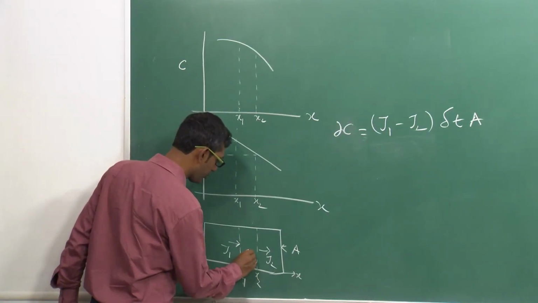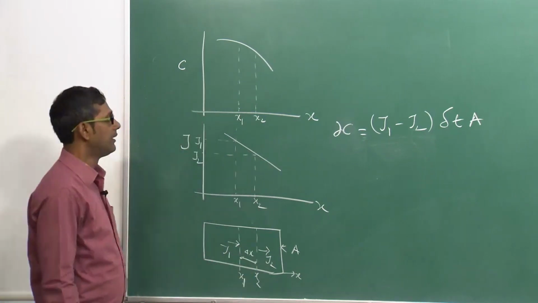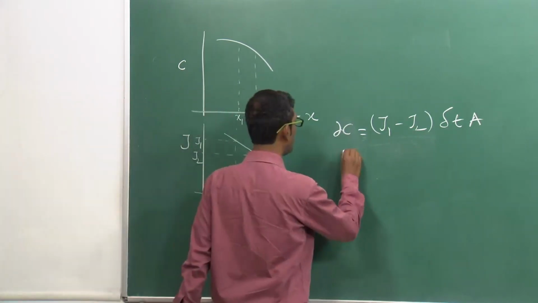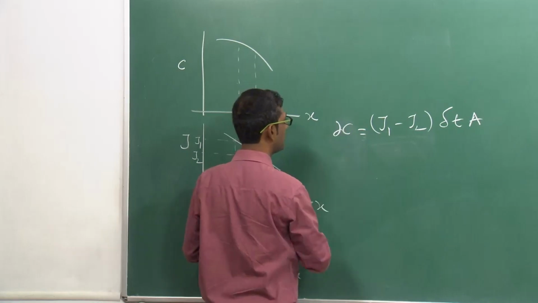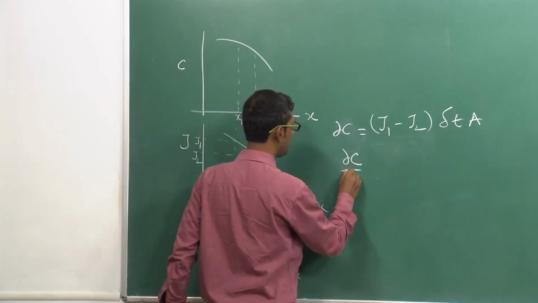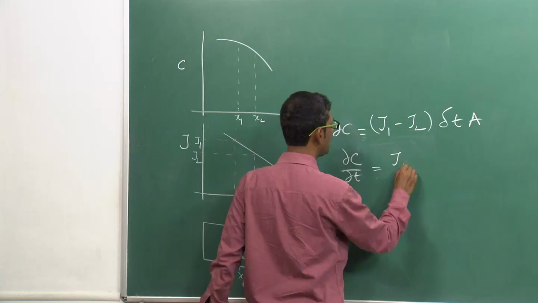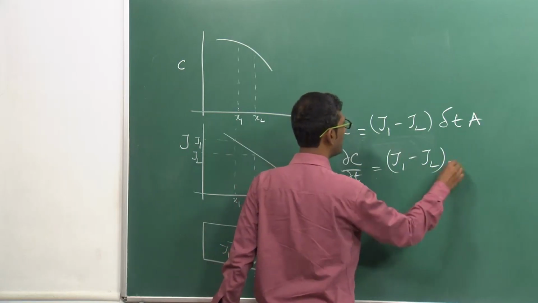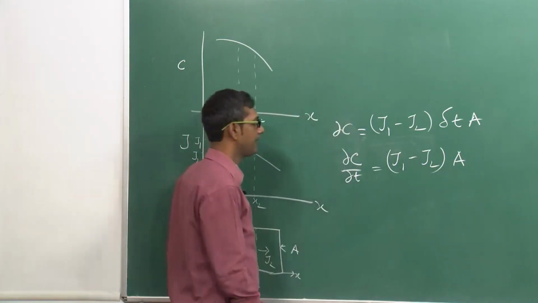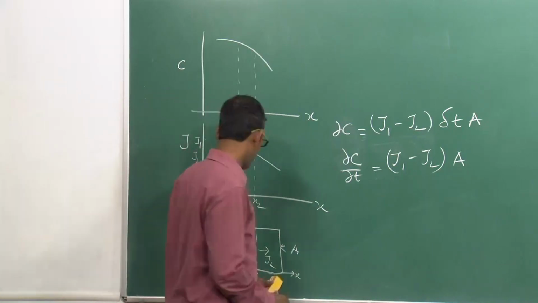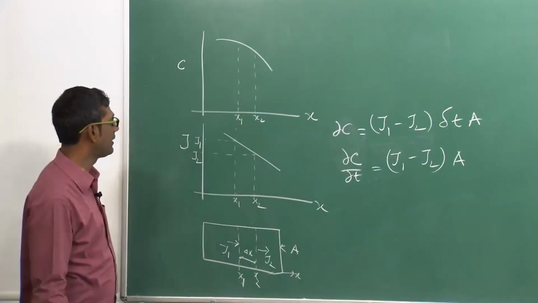Let us suppose this is del x. Now I can write down that del C by del T is equal to J1 minus J2 by dA, correct.